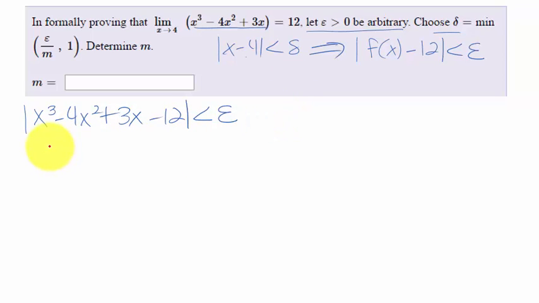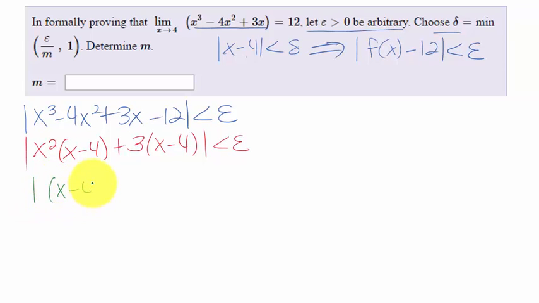I'm going to factor an x squared out of the first 2 terms, leaving an x minus 4, and then a plus 3, leaving an x minus 4, and that's still inside of absolute values less than epsilon. And now I'm going to complete that factor by grouping. So I have x minus 4 and I have x squared plus 3, and that absolute value is less than epsilon.